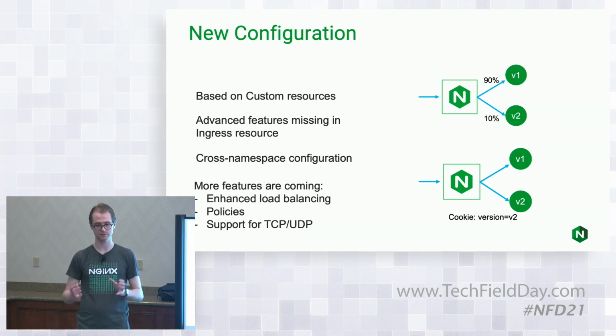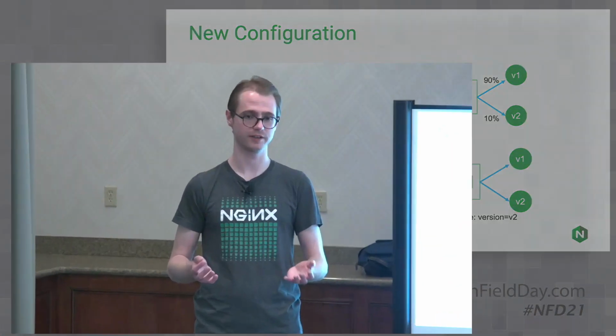At the same time, for example, if we go back to our triangles and circles app, the triangle pods can run in one namespace managed by the triangles team, and the circle pods can run in a different namespace managed by a different team.